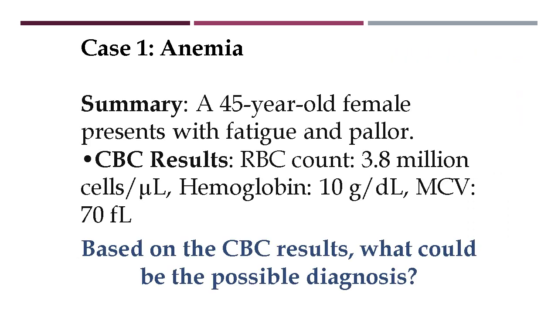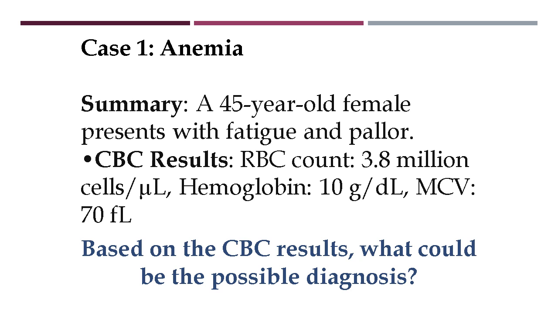Let's apply what we have learned on a case study. A 45-year-old female presents with fatigue and pallor. Her CBC results show RBCs count 3.8 million cells per microliter, hemoglobin 10 gram per deciliter, and her MCV was 70 femtoliter.